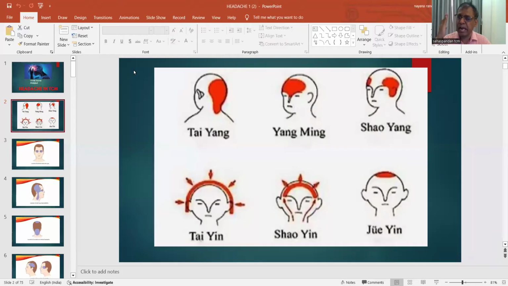And in Yin type, it is the Taiyin, Shaoyin, and Jueyin type. Mainly, there are 6 types of headache as per TCM. So we need to work on this headache in 6 types.